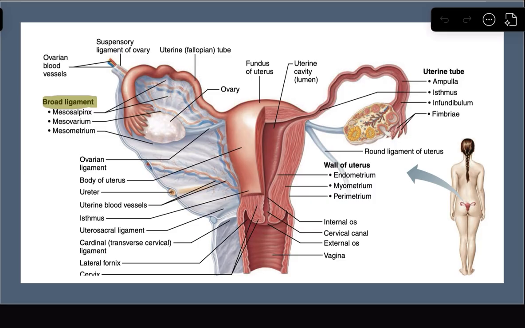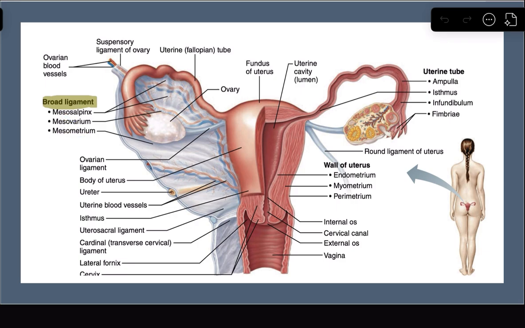These are going to be supported and suspended somewhat freely by these ligamentous folds of peritoneum, okay? And there are several of these ligamentous structures, but for the purposes of this course, all you're going to have to be responsible for is the broad ligament, which we see highlighted over here on the left, right? And that's going to be composed of what's called the mesovarium, mesosalpinx, and the mesometrium.